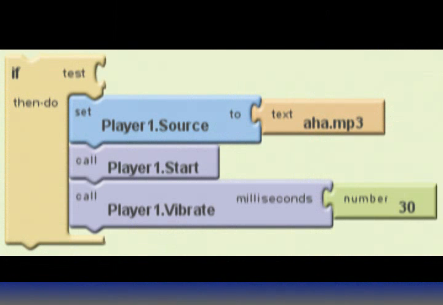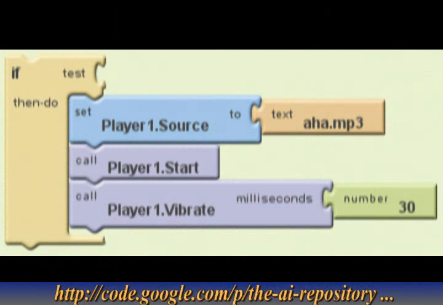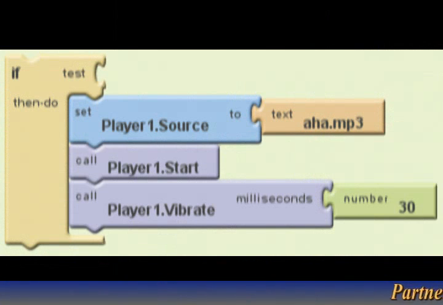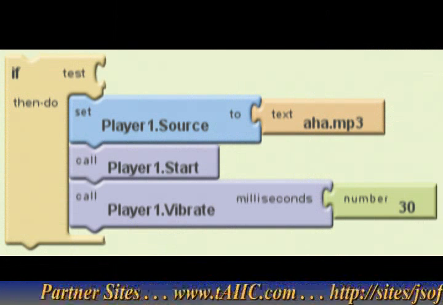Then drag out a call player1 start and place that right under player1 source. And then drag out a player1.vibrate and set the milliseconds to a number equal to 30.